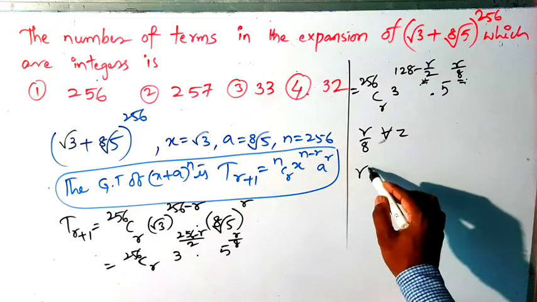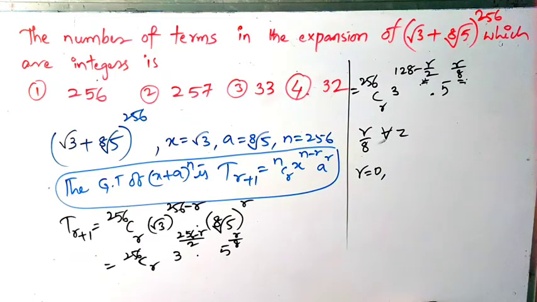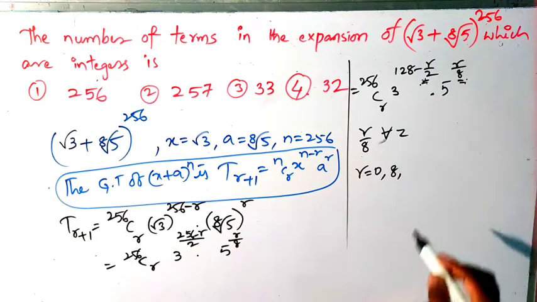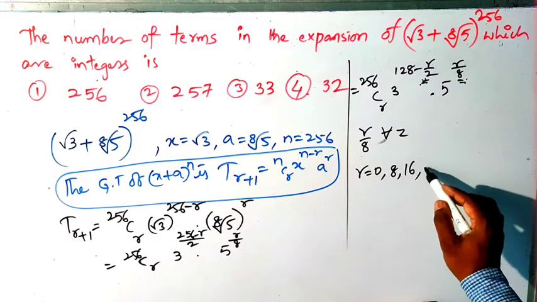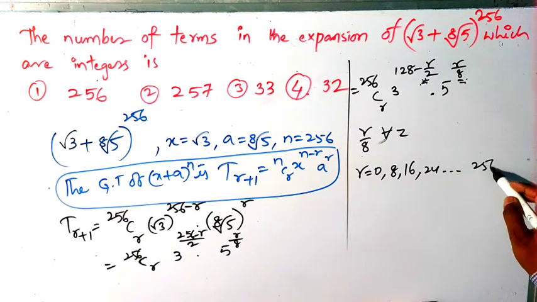So the r values we take care of: r values are 0, satisfying; 8 also, 16 also, and so on, 8 threes are 24, and so on. 256 we take here.